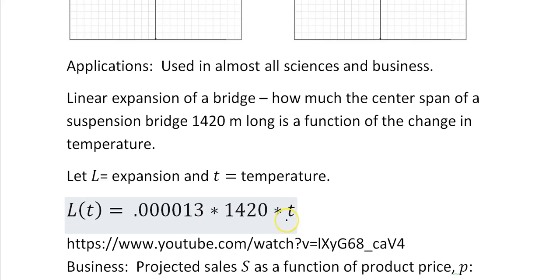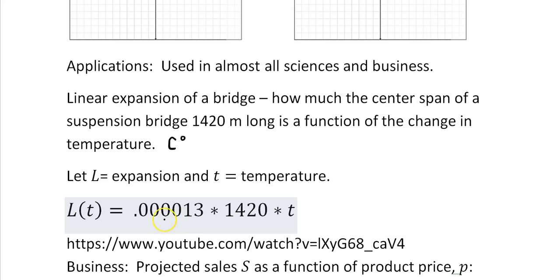So if our temperature is 0, of course this goes to 0. If this number is 10, and I don't remember that they recall, I'm going to just assume that since they're talking about meters, we're going Celsius degrees. I don't know that that's true, but for the moment we're just going to take that. So if our 10 was our Celsius value, all of a sudden this will move over 1.